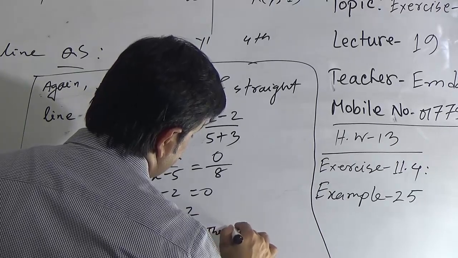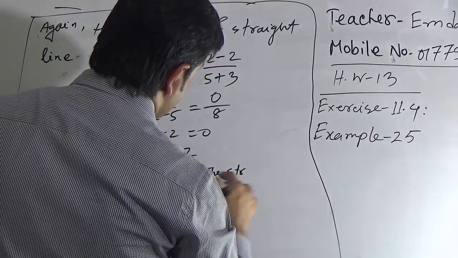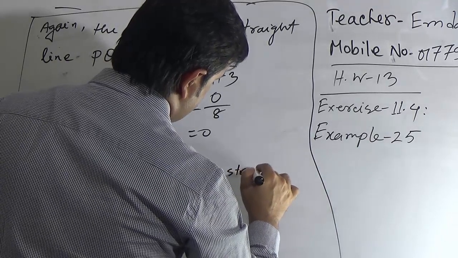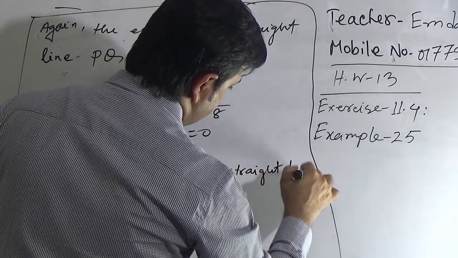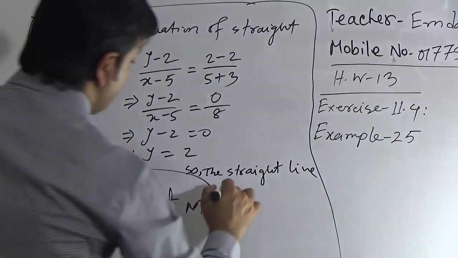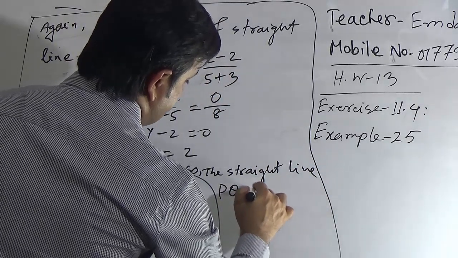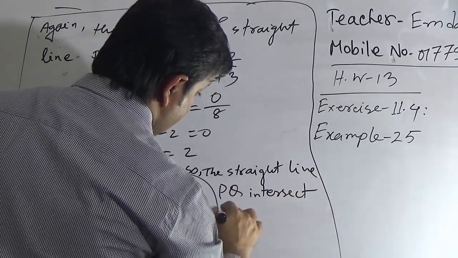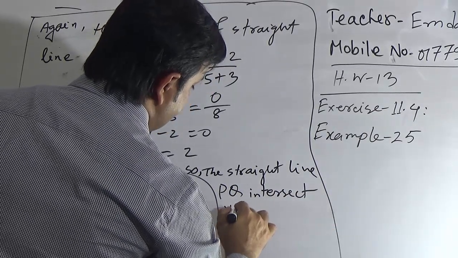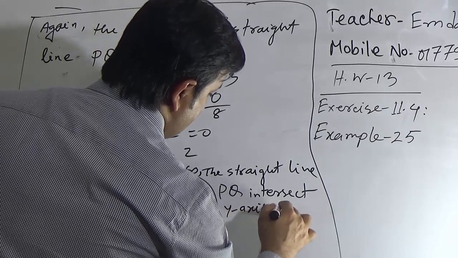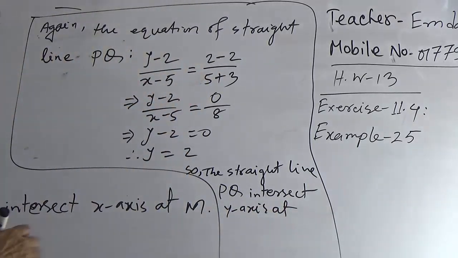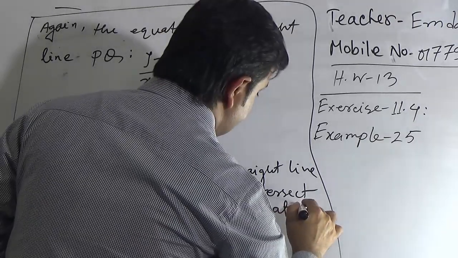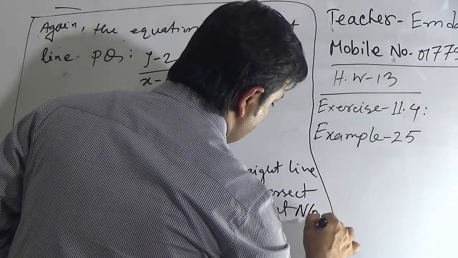So the straight line PQ intersects the y axis at, as this is y equal to 2, it means on the y axis x is 0, so we can write here N, that is 0, 2.